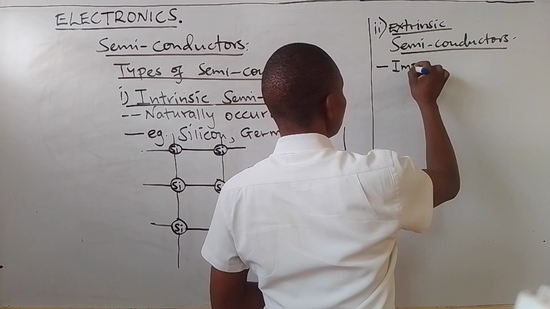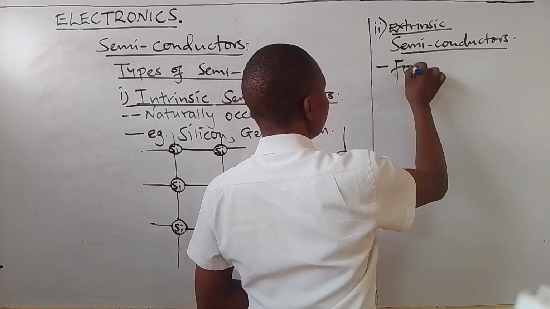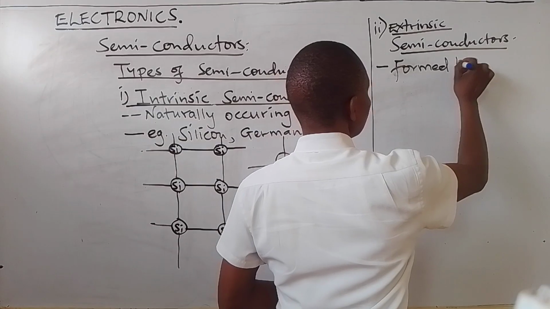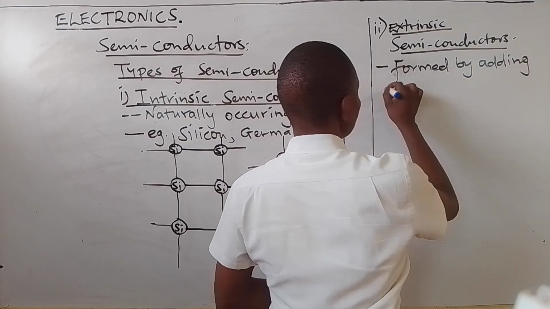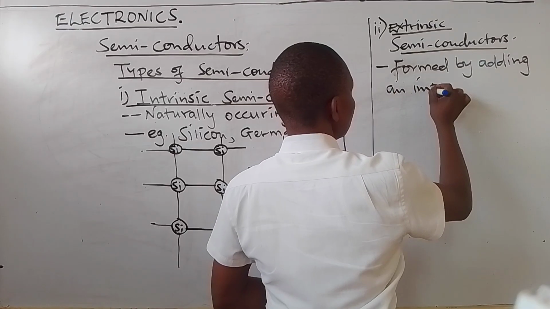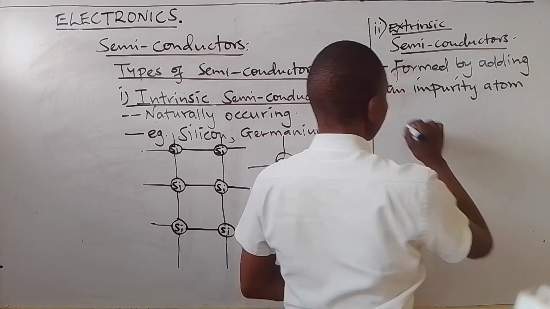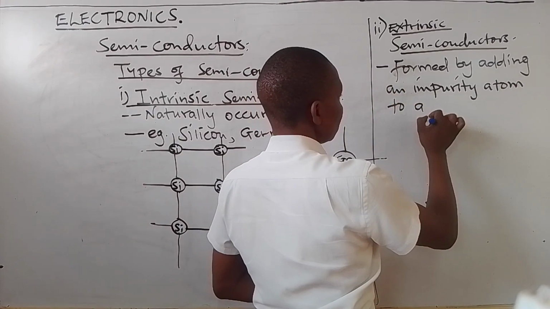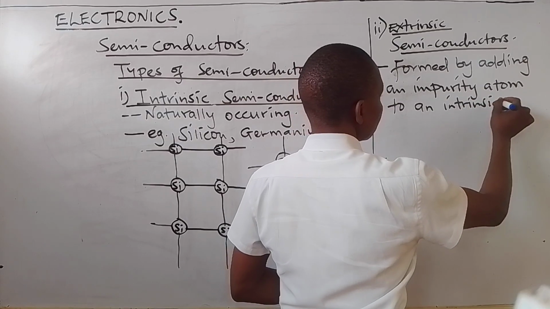So we form these by adding an impurity atom to an intrinsic semiconductor.